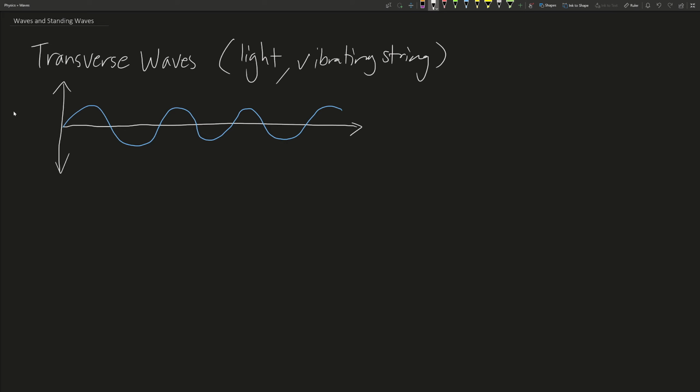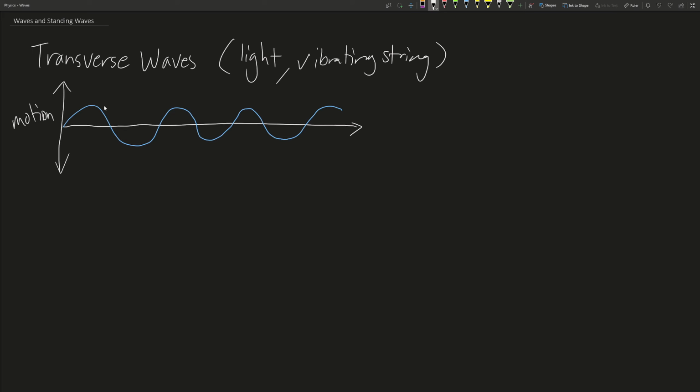So for an electromagnetic wave, for light, you would have an electron that's oscillating up and down to create these oscillating electric and magnetic waves that are perpendicular. But that's a property of light. And for a string, the individual particles on the string will be vibrating up and down as the wave travels from left to right in this case.